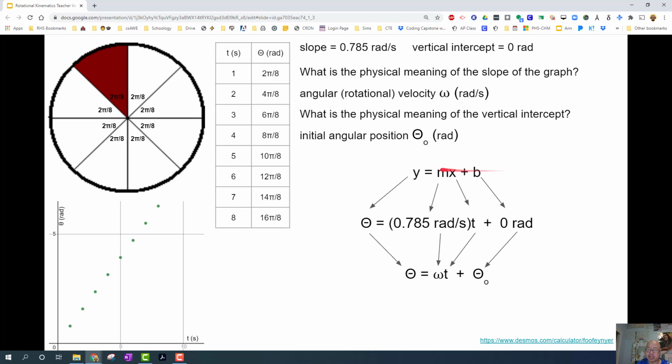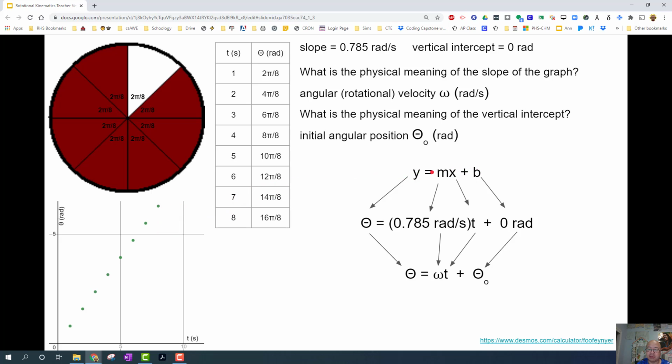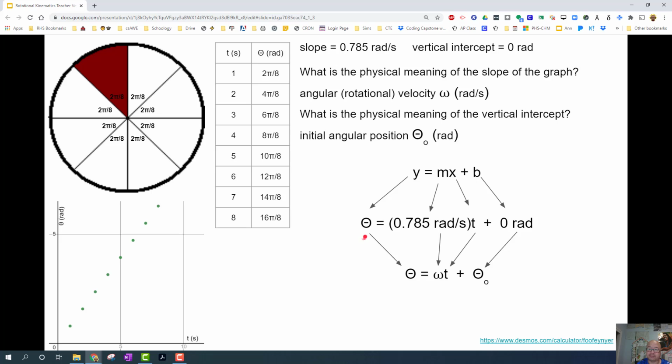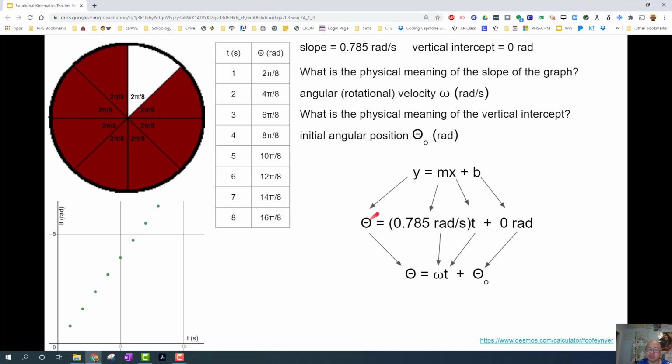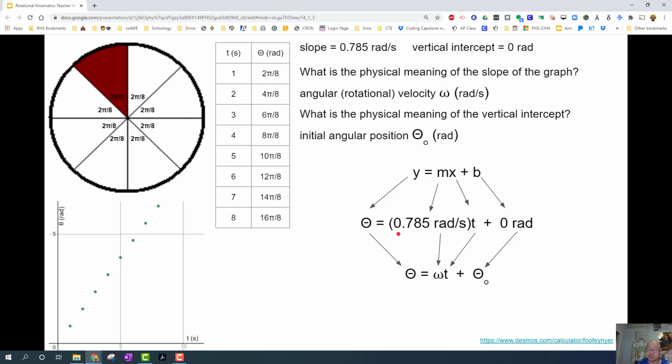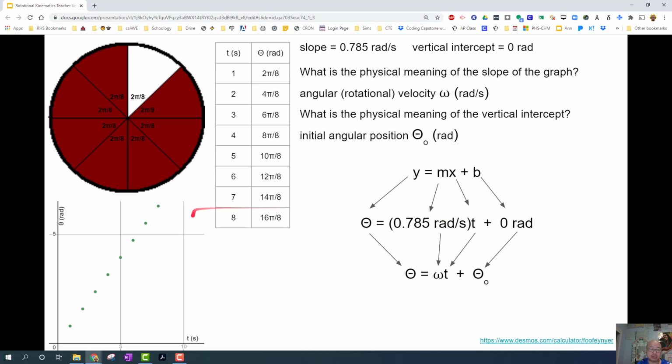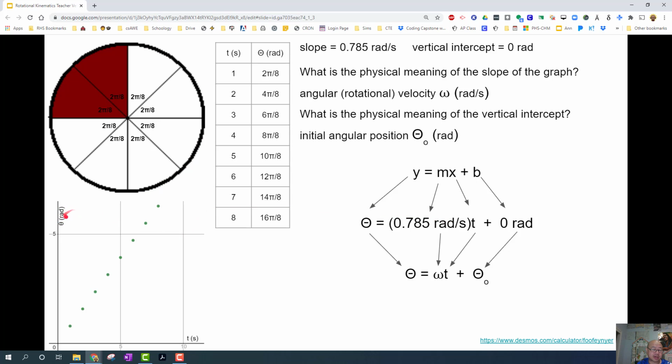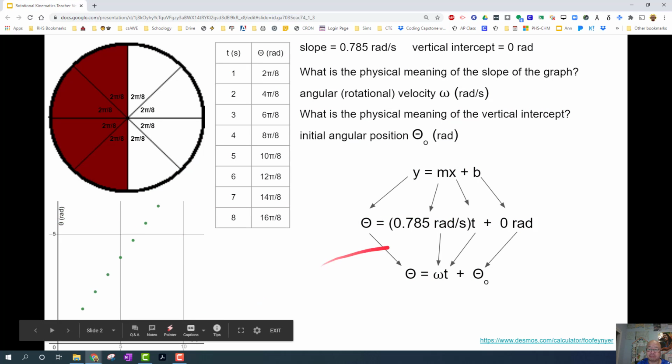If we take our y equals mx plus b equation and observe this graph, we notice that in the vertical, our variable is theta, or the angular displacement. Our slope is 0.78 radians per second. Remember, the way we measure this slope is by taking the vertical units and dividing it by the horizontal units. So that's radians per second.